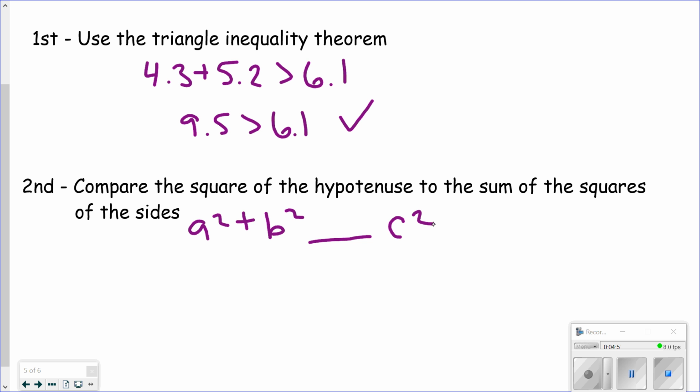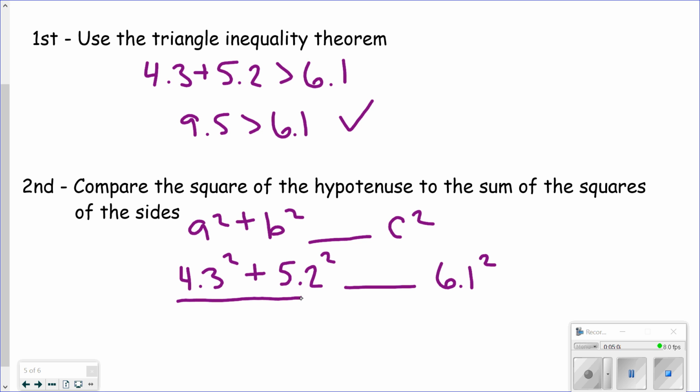All right, well, a we know is 4.3. I'm going to square that, plus b, which is 5.2, and I'm going to square that. Let's see how that compares to c squared, which is 6.1, and I'm squaring that. If I plug this into my calculator, I end up getting 45.53.